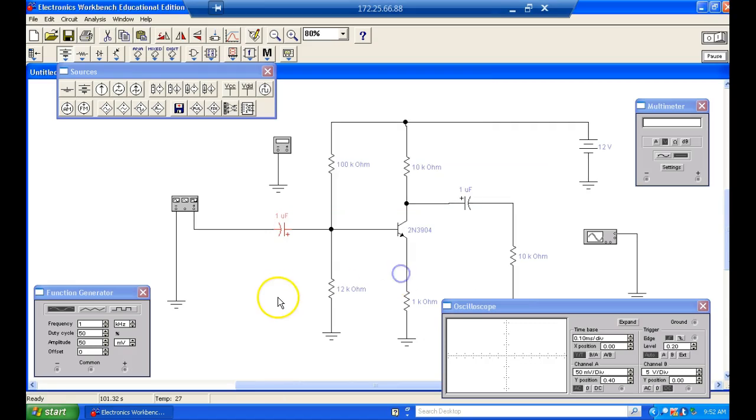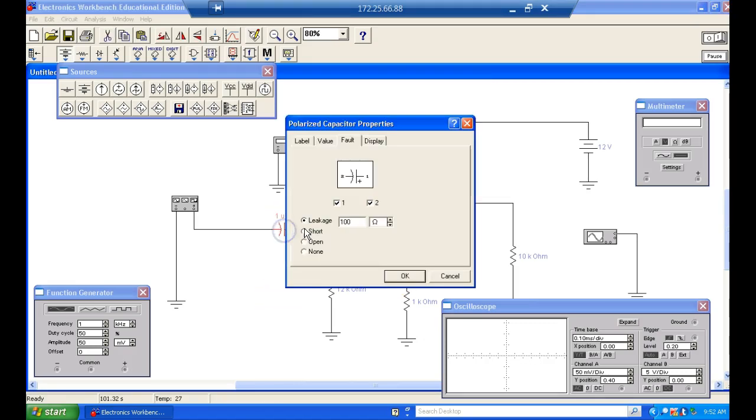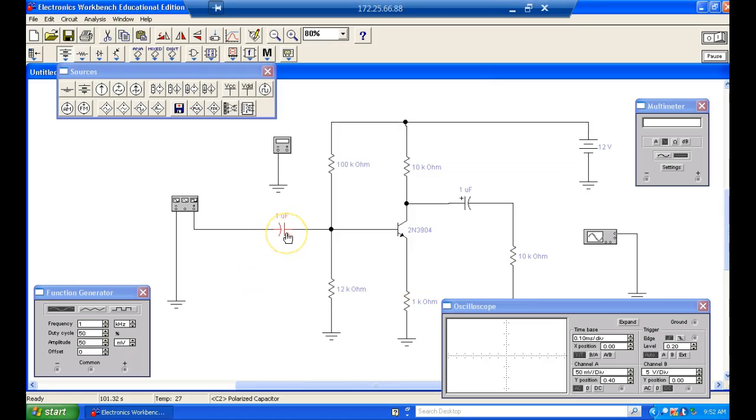Now, leaky is going to be really strange because leaky means it's what? Well, now it's going to act like a 100 ohm resistor. So what I've got now is I've got my input feeding a 100 ohm resistor. So it's going to cause my base voltage to go down, right? You understand that?